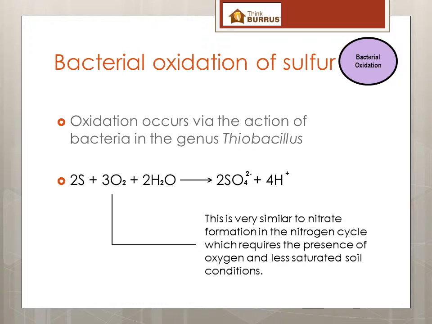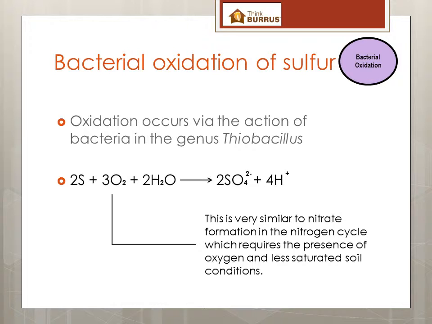Now, we've mentioned this before, and I want to mention this again. This really does have a lot of similarities to the nitrogen cycle. For nitrogen to be converted into nitrate, we have to have oxygen. We talk about denitrification, requiring waterlogged soils, requiring the absence of oxygen. But for us to get nitrate, we have to have some oxygen.